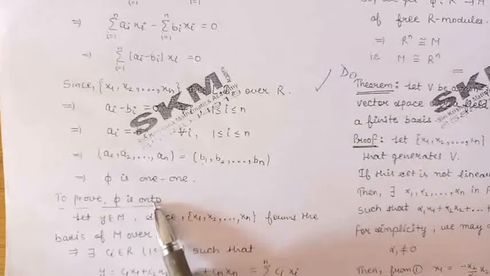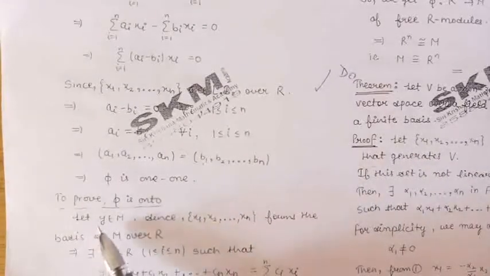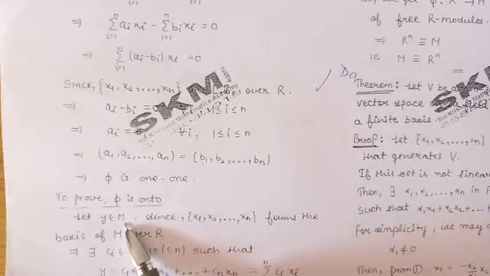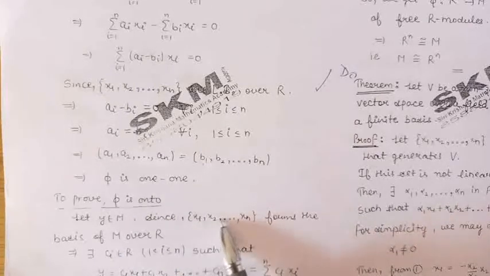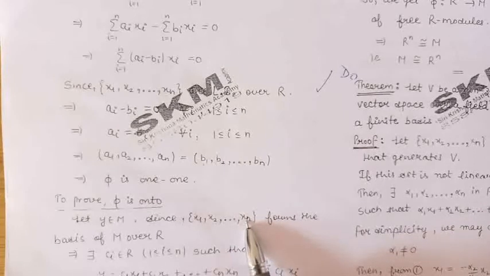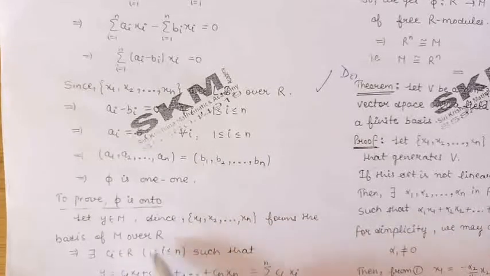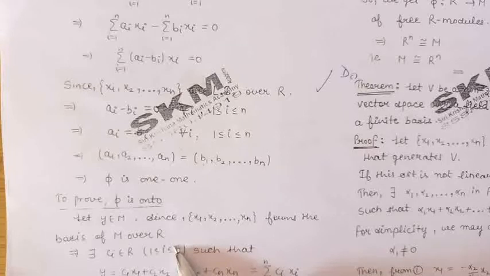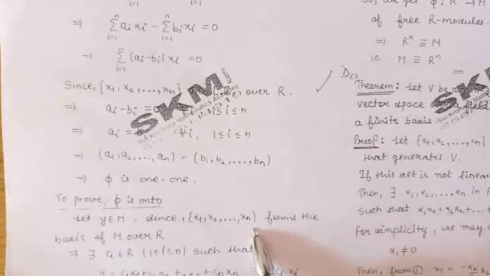To prove onto, let us take an arbitrary element y belonging to M. Now because we are given the vectors x1, x2, x3 up to xn, they form the basis of M over the ring R. So y can be written as their linear combination.